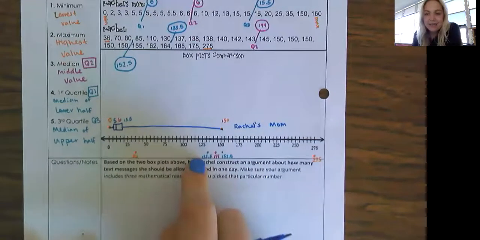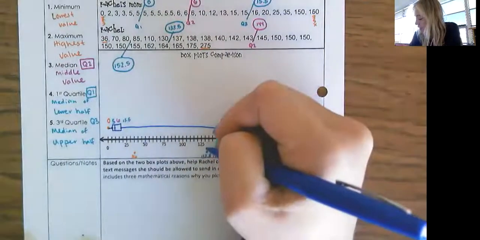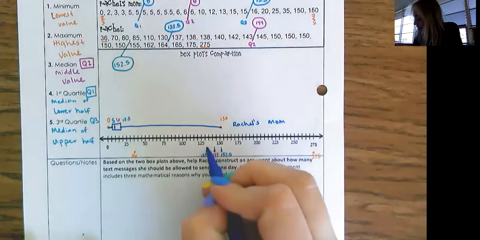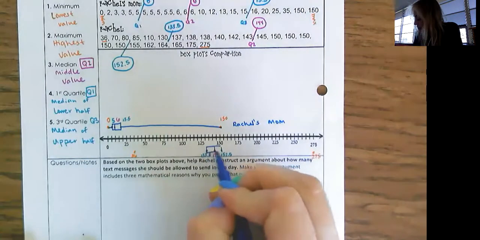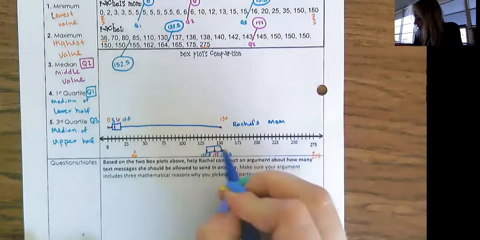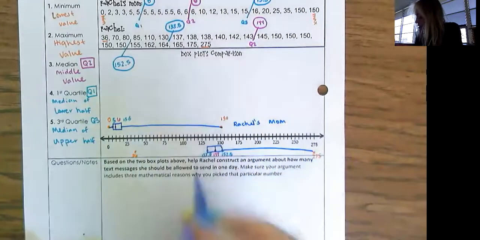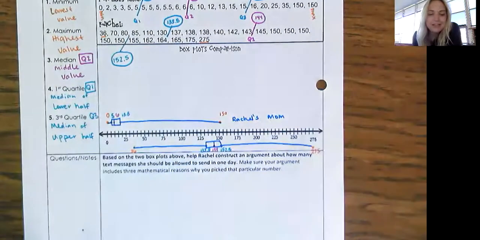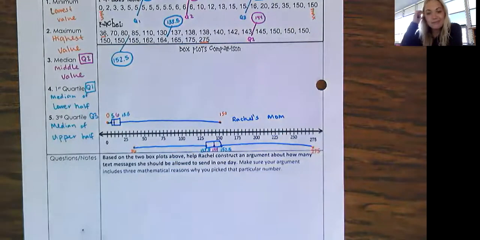All right, so let's draw our 3 lines in the 3 inner dots here. 1, 2, 3, and then I'm going to connect these to make this my box. And I can extend out to the maximum, and I can extend out to the minimum. Now, if I'm looking at these 2 sets of data, is there an argument that can be made here for Rachel?